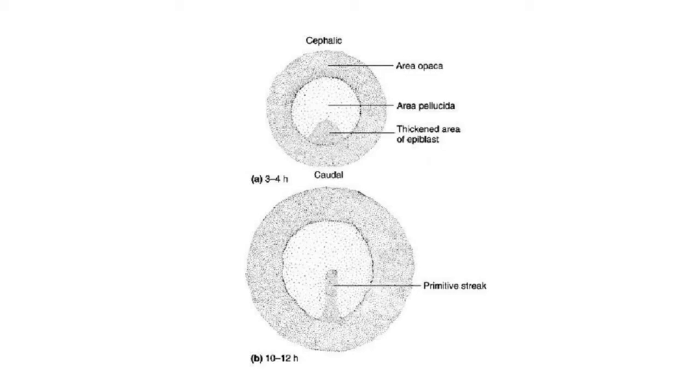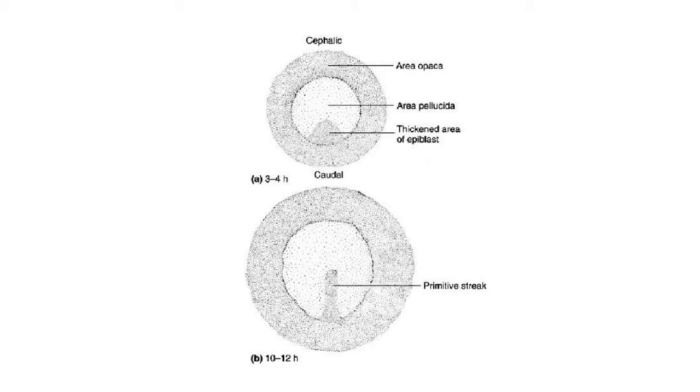The area opaca is formed by yolk-laden blastomeres which are incomplete in division. And there you can see a thickened area of epiblast, and this region forms the primitive streak. This is the anterior end, known as the cephalic end, and this is the caudal end.